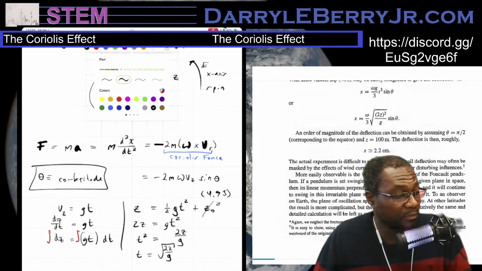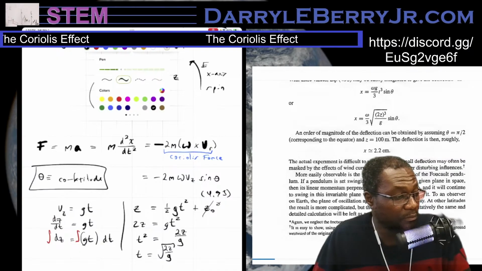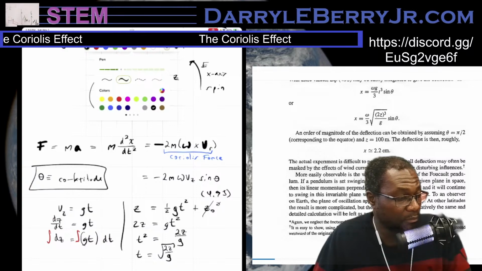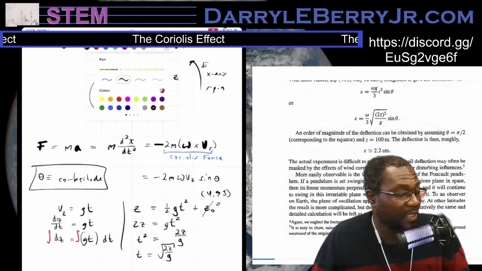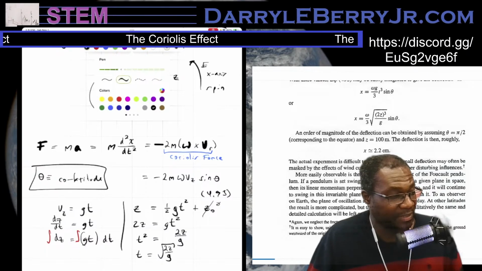To an observer on Earth, the plane of oscillation appears to rotate once a day. At other latitudes, the result is more complicated, but the phenomenon is qualitatively the same, and detailed calculation will be left as an exercise. I'll do that.